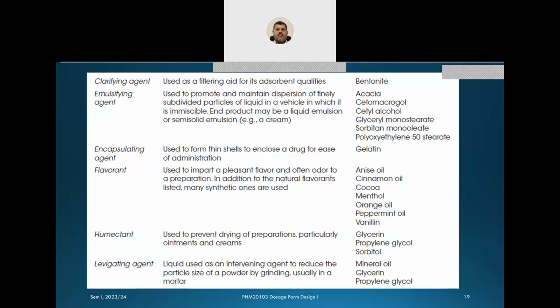If you put oil and water together and you shake, however long you shake, still they will separate into two different layers. One layer is oil, one layer is water.